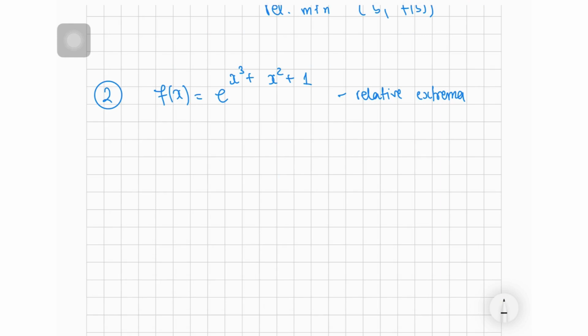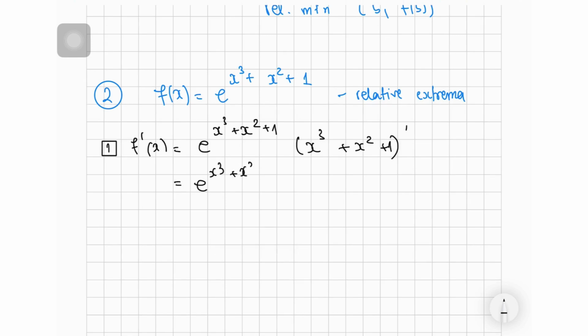Now we are going to solve one more example, and here are the steps. First we find f prime of x. That will be e to the power x cubed plus x squared plus 1, times the derivative of the exponent, 3x squared plus 2x.